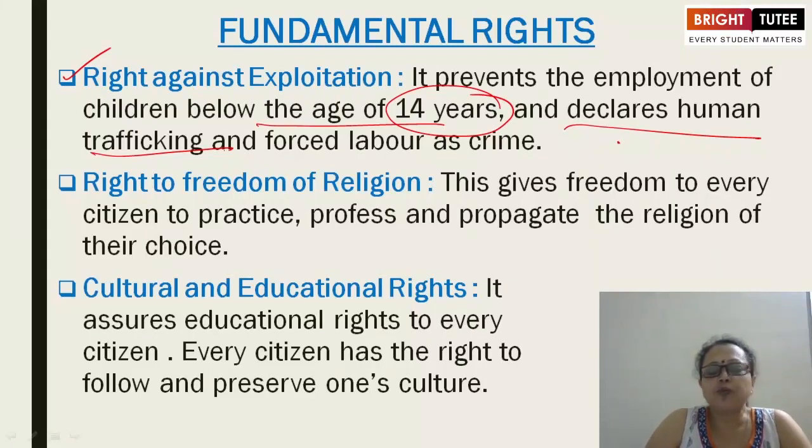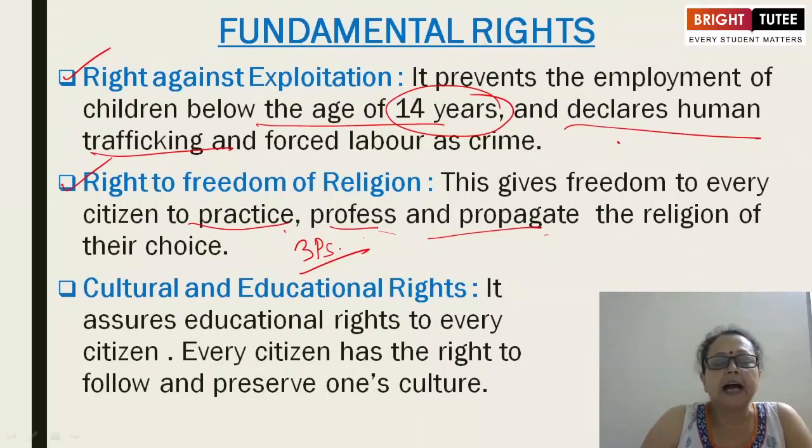Then right to freedom of religion. What is this? This gives freedom to every citizen to practice, profess and propagate. This is based on the 3 P's. Freedom of religion: we have discussed in the ideals of the Preamble of our Constitution, the introductory document, where we studied secularism.